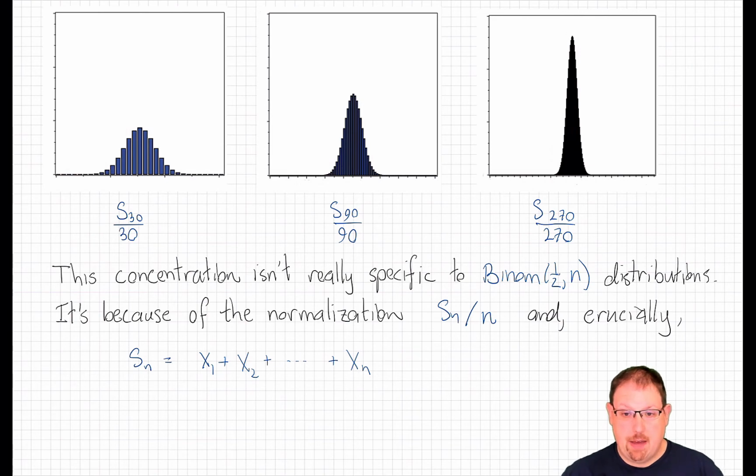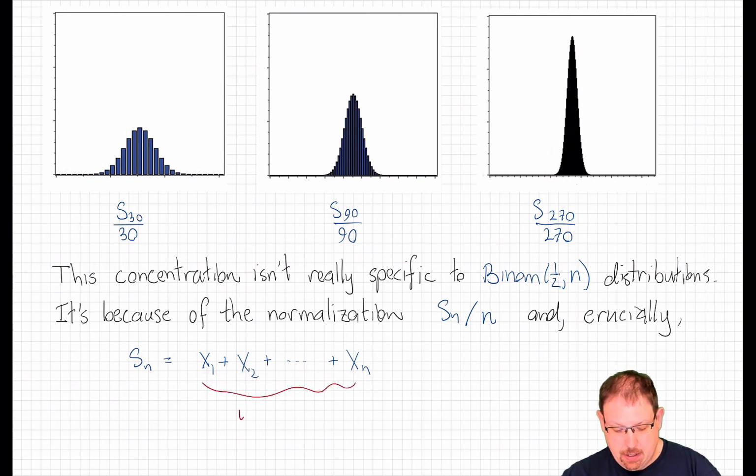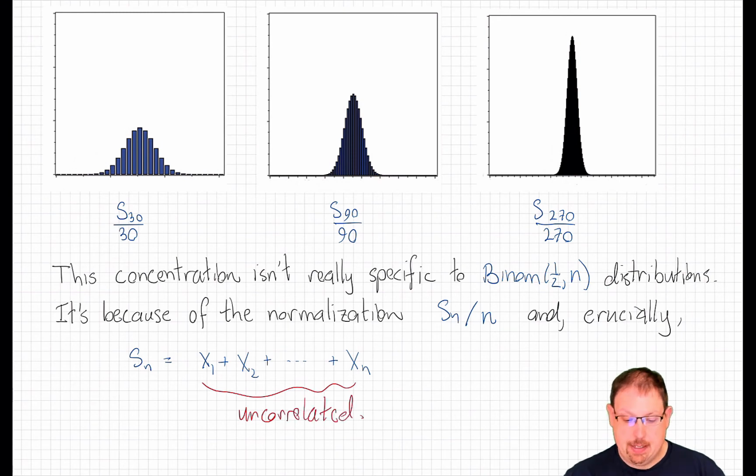But it doesn't really have anything to do with the binomial distribution per se. The reason that this concentration comes up is because of the normalization here, the 1 over n, and the fact that in this case, the variance of Sn doesn't grow quadratically, even though the variance is a quadratic term. And that is because these are uncorrelated, as we saw last time.